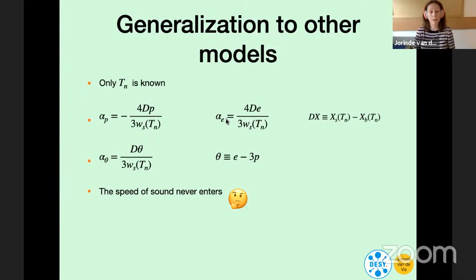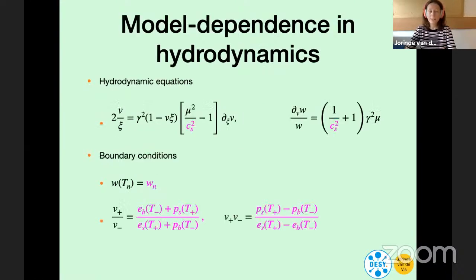That is the phase transition strength in the bag equation of state. So this is already suspicious. This is not the case for the one based on the trace. But what all 3 approaches have in common is that the speed of sound never enters, whereas it's typically not 1 over square root 3 in different models. So let's see where the model dependence actually enters in the hydrodynamic equations. These are the hydrodynamic equations that you get from your continuity equation.